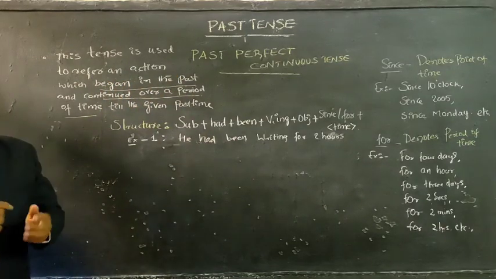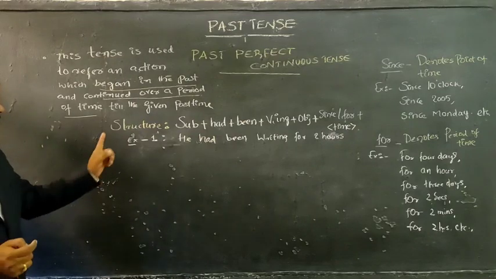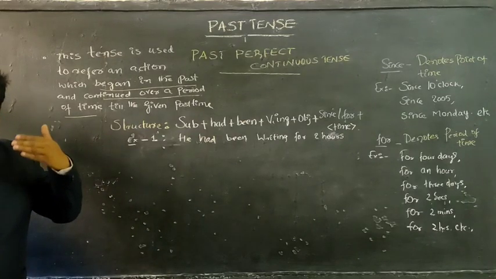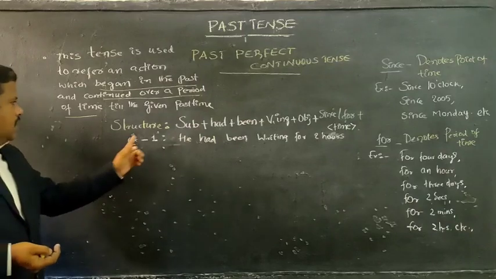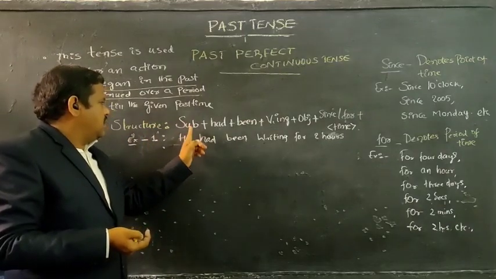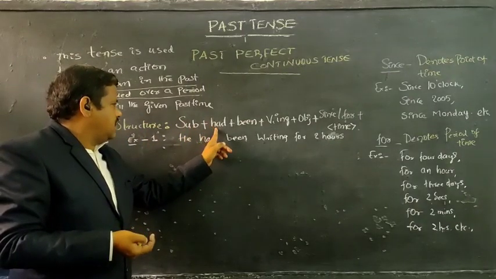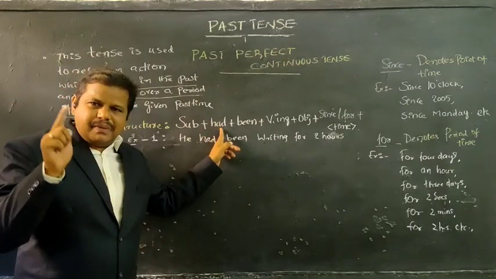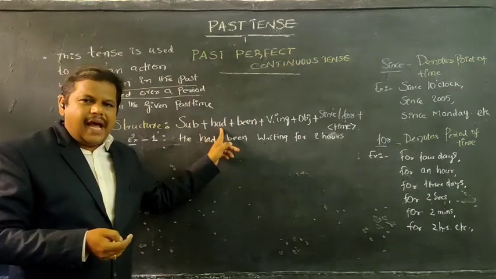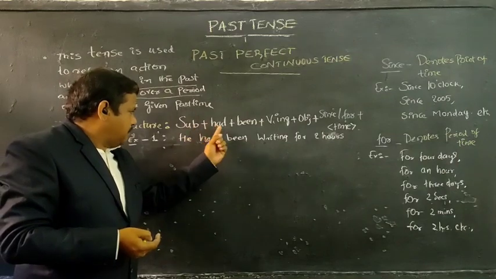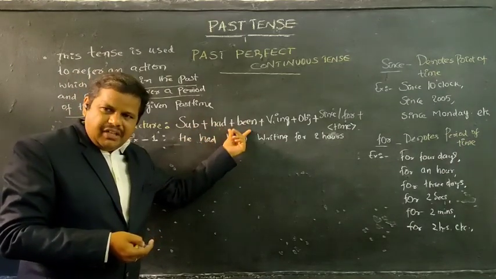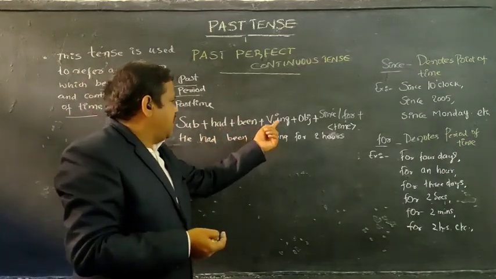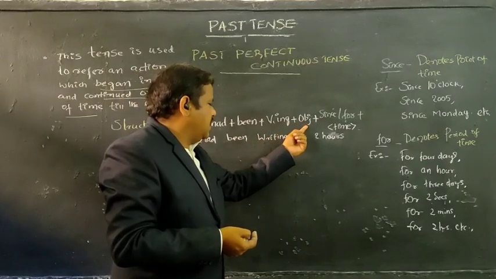Let us see the structure, you will identify it, and we will see how to write the tense with a number of examples. The structure is as follows. One is subject plus had. Even in the past perfect we used had. So subject plus had plus been plus V1 ing plus object.